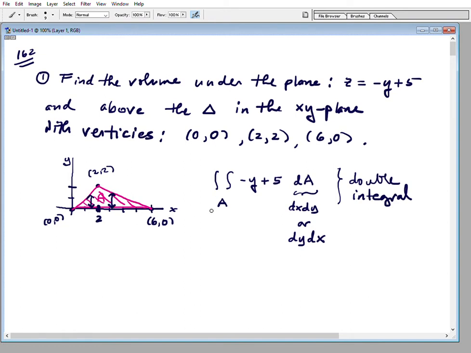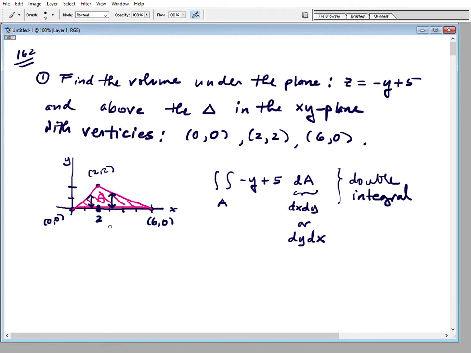So if we were to do dy first, we'd have to do 2 integrals, split it at 2, and have 2 separate integrals. So we don't want to do that. We don't want to split the integral. So everyone sees what the problem is with dy first, because when you draw these arrows going from the bottom to the top, it hits 2 different lines. So we don't want to do dy first.